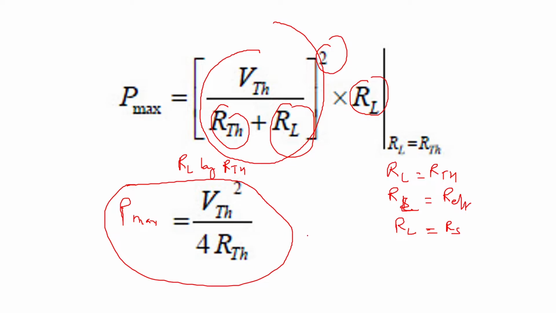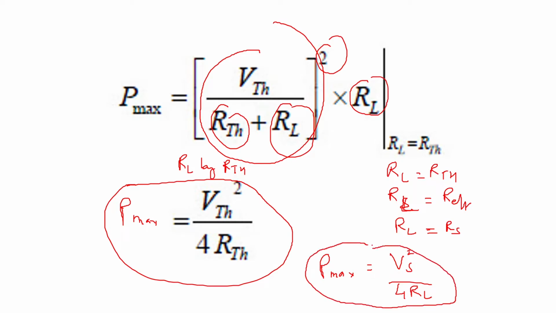If you see the first circuit, P max will be equal to Vs square upon 4 RL. You can also have RTH, because RTH is equal to RL. So this will be the expression for your maximum power.